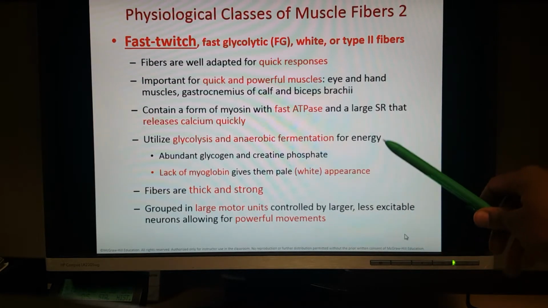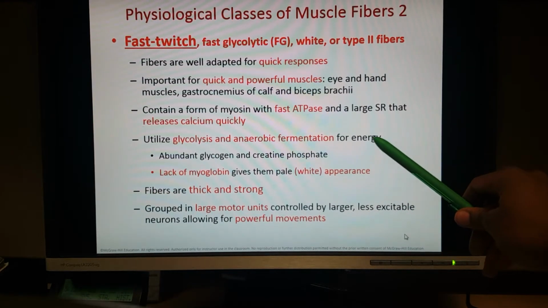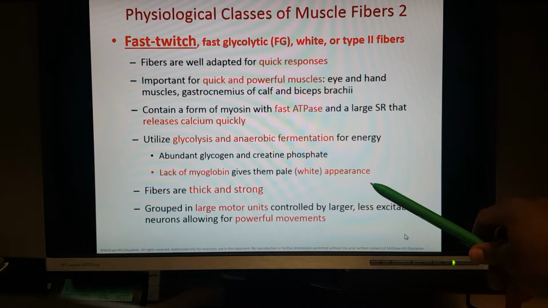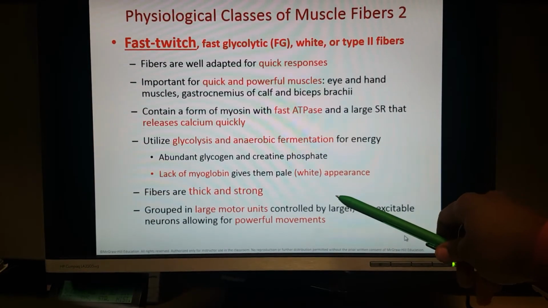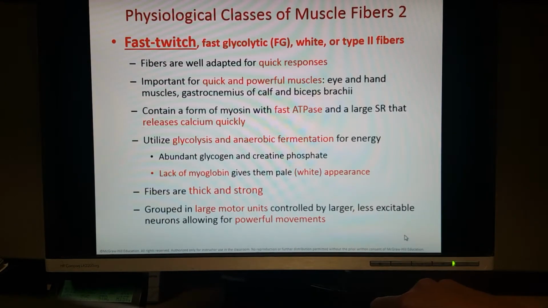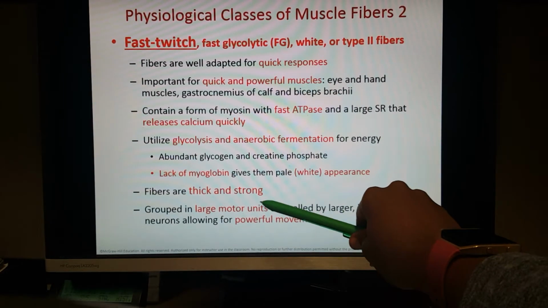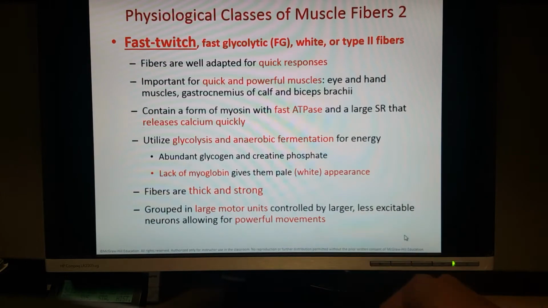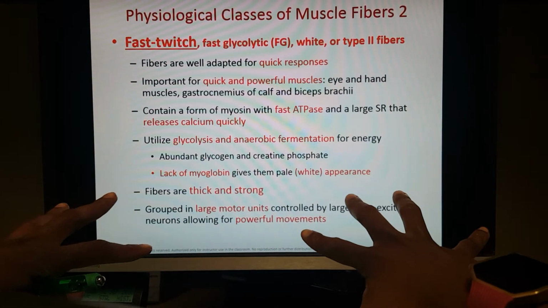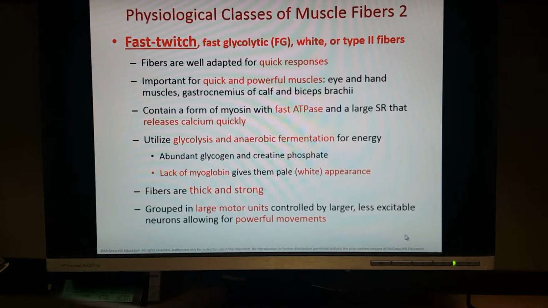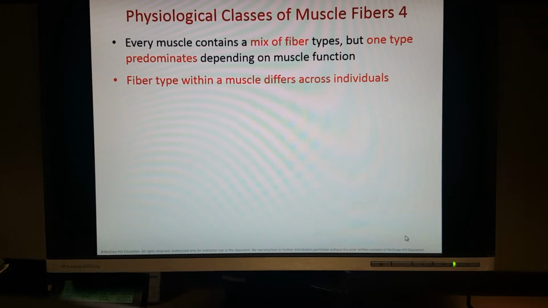They move very fast, with quick shifts in their contractions, so they make just enough ATP for whatever they need. Then they relax, and you don't need that ATP anymore. Fibers are usually thicker and stronger with large motor units: one neuron targets a ton of cells so that you have a quick contraction, able to have those quick motions for these fast twitch fibers.